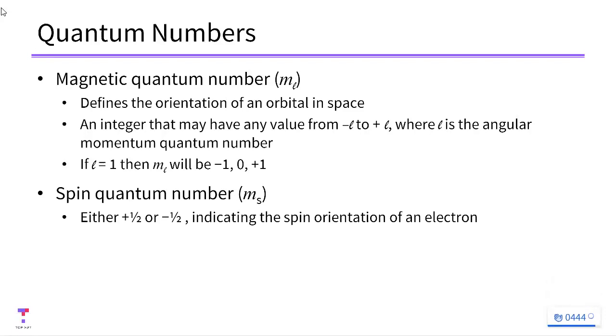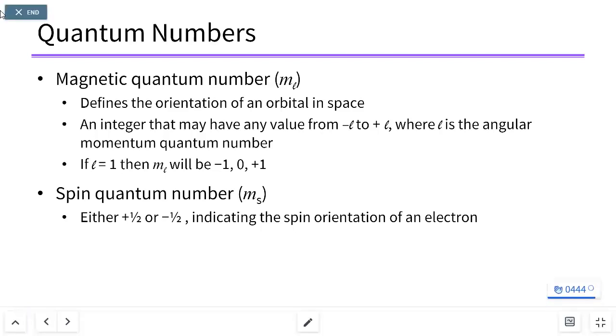And then the last quantum number was the spin quantum number. The spin quantum number told us whether the electron inside of that orbital is going this way, spin up, or going this way, spin down. And so this establishes that in every single orbital, there are 2 electrons, and those 2 electrons are different from each other in some kind of way.